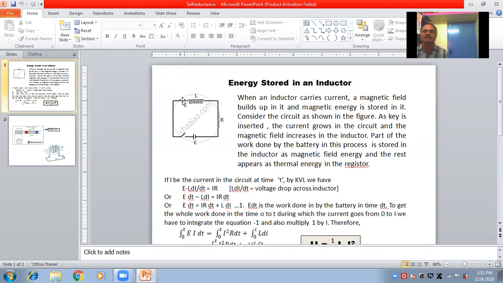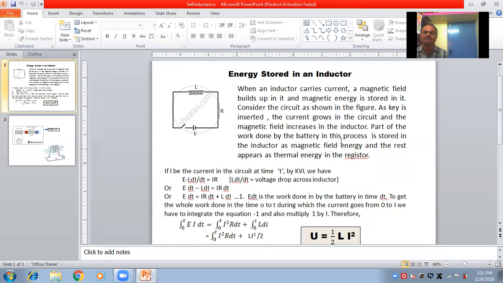As the magnetic field builds up, energy starts storing in the inductor. And what is the function of this resistor? This resistor simply consumes the power given by the battery; the energy is dissipated as thermal energy in the resistor. So these two things happen when the key is inserted.